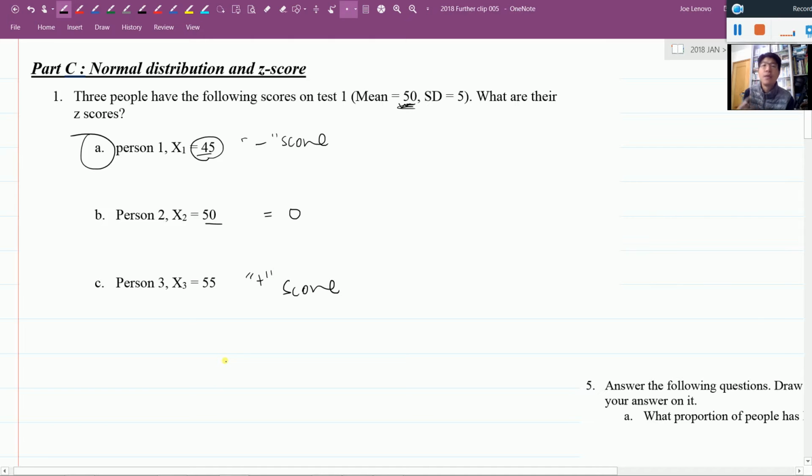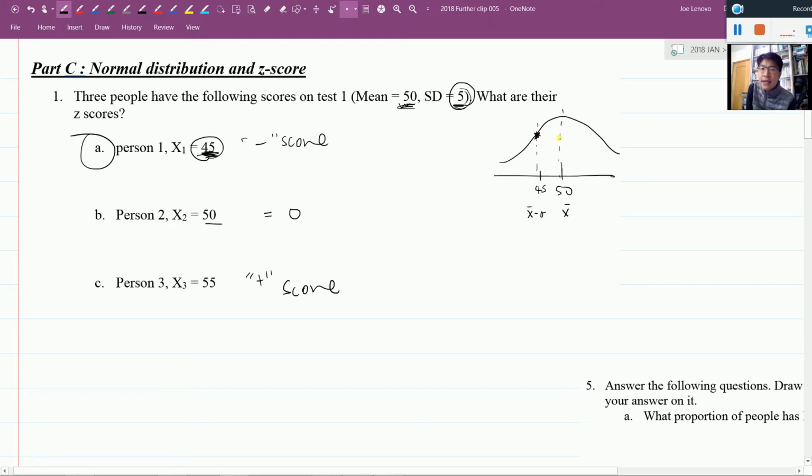So this is always the first step. Then 45, and the standard deviation is 5. So you can tell straight away. If you look at the bell shape here, this is 50, this is 45, and this particular region here is from the mean. This is mean minus 1 standard deviation, and this guy is right here at this spot.